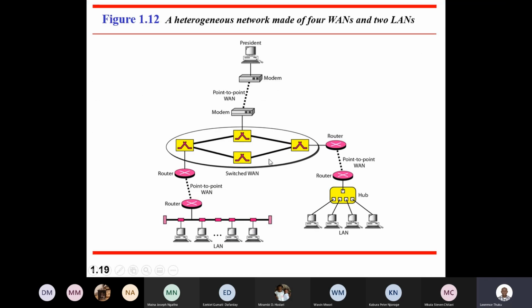On this other end, we have the switched wide area network, again connecting with this other one using different devices like routers. And of course, you have another one somewhere doing a point-to-point connection. So you can now see a heterogeneous way of connecting, based on this diagram.